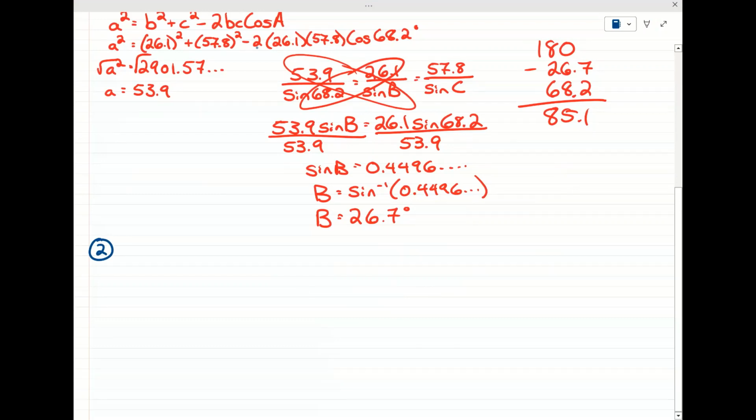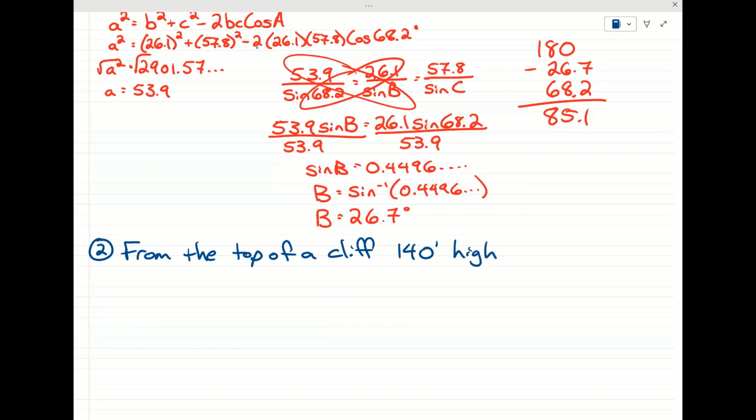Second question, it says, from the top of a cliff 140 feet high, Josh sees a lighthouse 72 feet offshore.